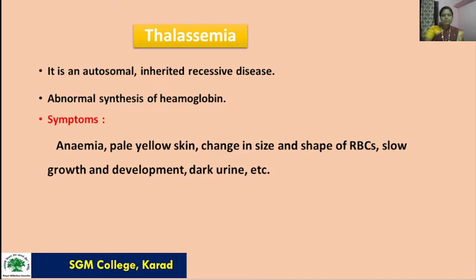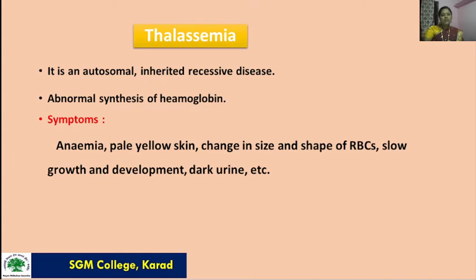Depending upon which chain of hemoglobin is affected, thalassemia is classified as alpha thalassemia and beta thalassemia. It is caused due to deletion or mutation of the gene which codes for the alpha and beta globin chain, resulting in abnormal synthesis of hemoglobin.